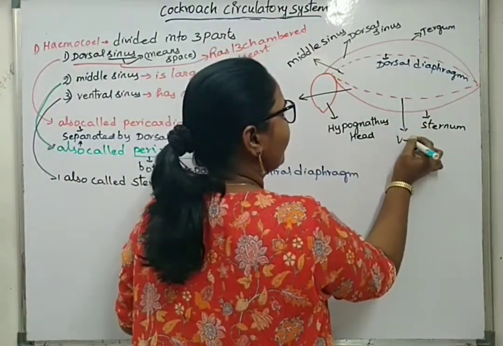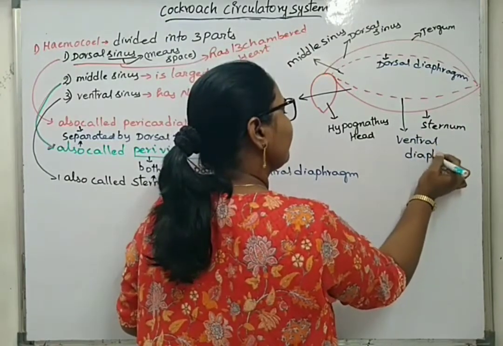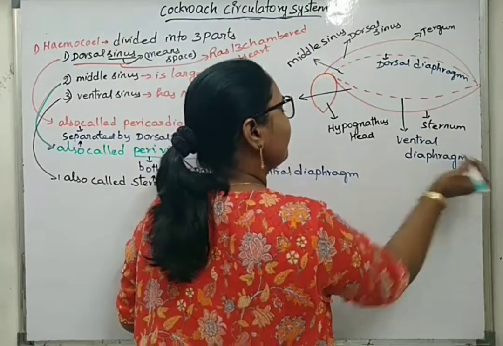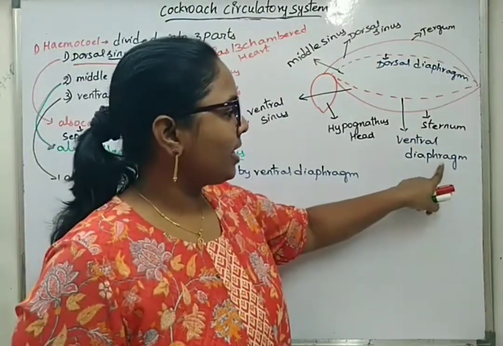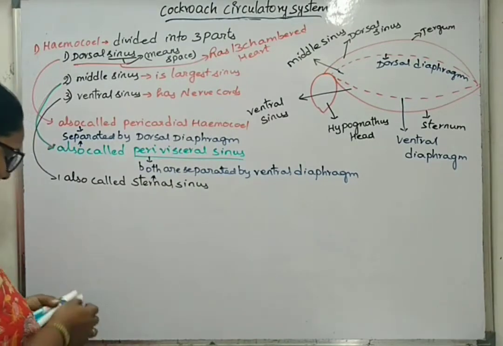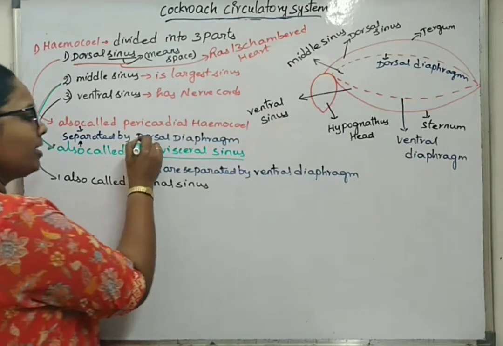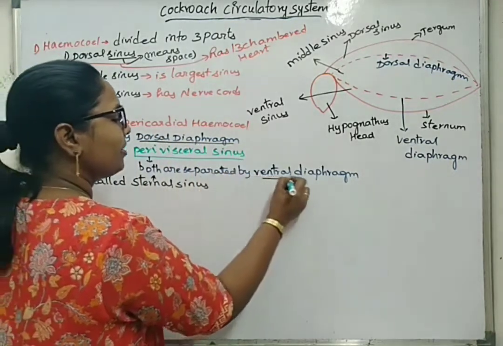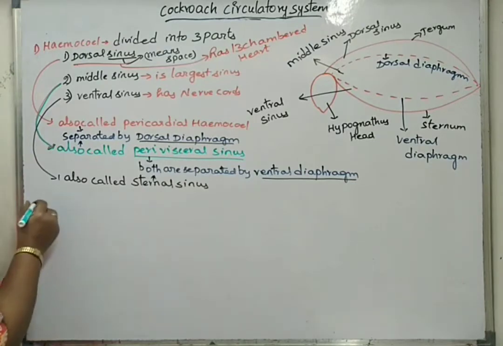This is the ventral diaphragm. See the spelling? Diaphragm: D-I-A-P-H-R-A-G-M. Next, both the dorsal diaphragm and ventral diaphragm are valvular in nature.